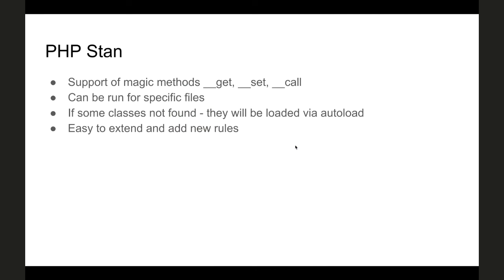And as a result, it will use your autoload file to load this file and interact with it to make the analysis complete without just showing the error that you're using some non-existing class. Very smart in this case. And the API is not easy, just wide, and easy to extend, and to add your own rules for your own checks.